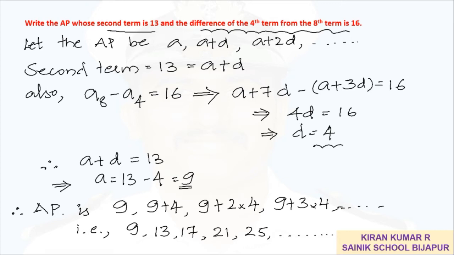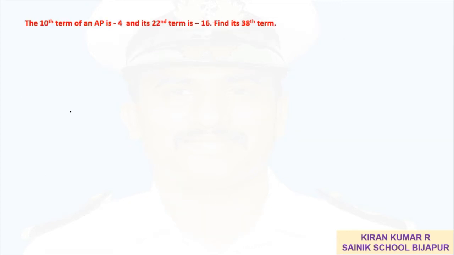Now let us have a look at the next question. The question is, the 10th term of an AP is negative 4 and its 22nd term is negative 16. Find its 38th term. Here they have given the 10th term. Let me mention the given things.